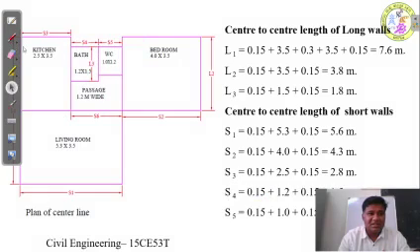Next, the wall of this water closet. So this wall center to center length is 0.15, plus 1 meter is the horizontal distance, plus again 0.15 meter is the center line width of this wall. So total it will come to 1.3 meters.